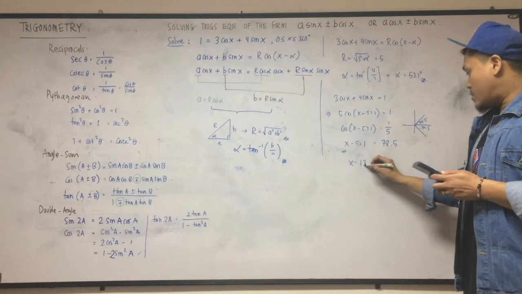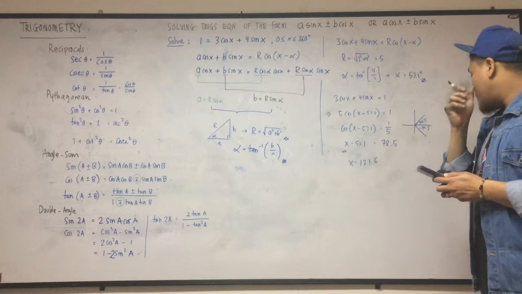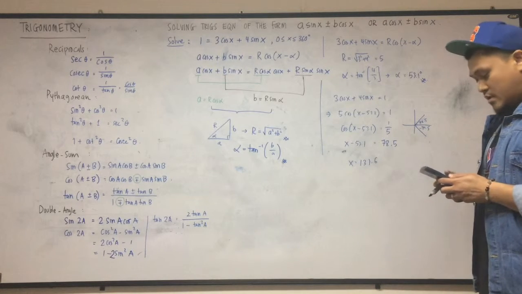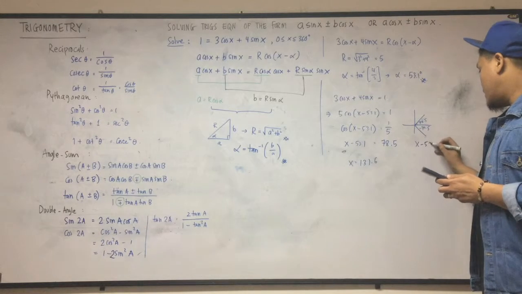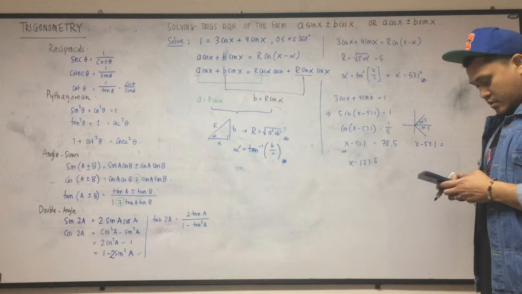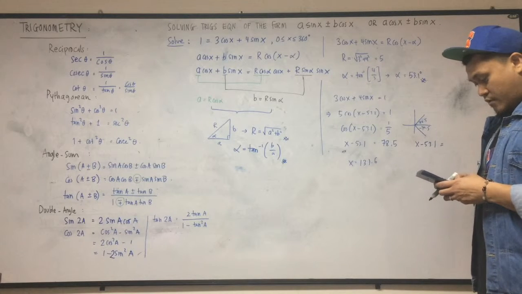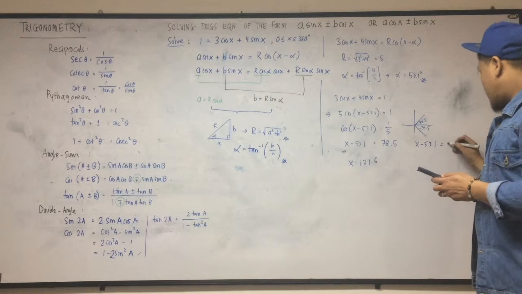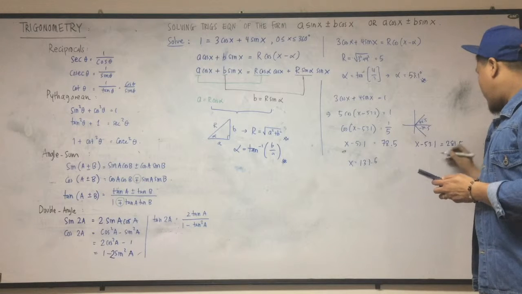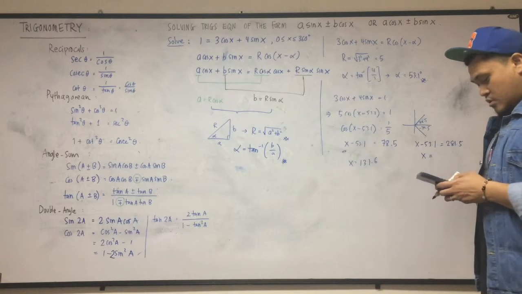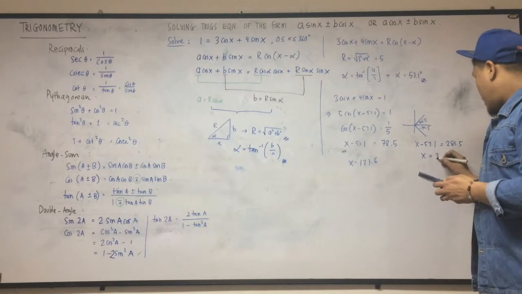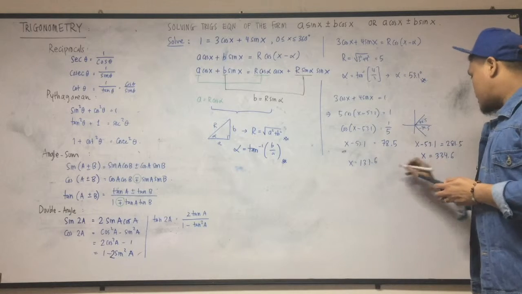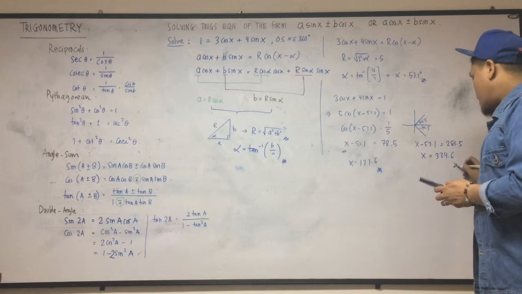The one answer would be 131.6, and the other answer would be 360 minus 78.5, which is 281.5. So x equals 281.5 plus 53.1 equals 334.6. And those are going to be the two answers.